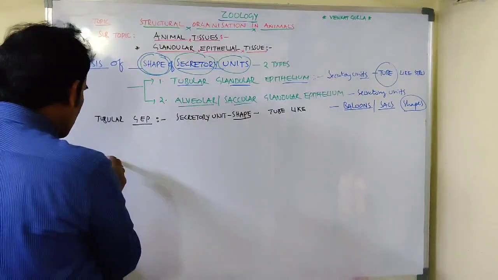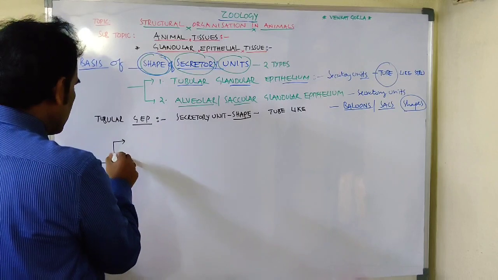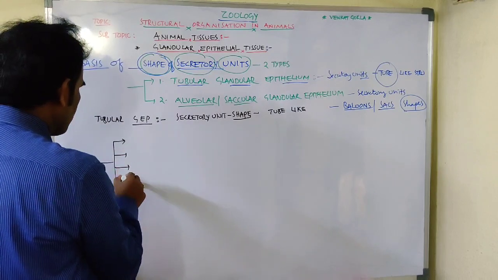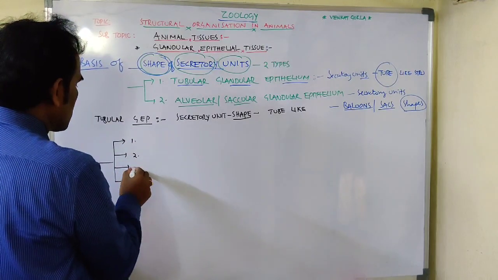This tubular glandular epithelium is further divided into four categories. There are four types.